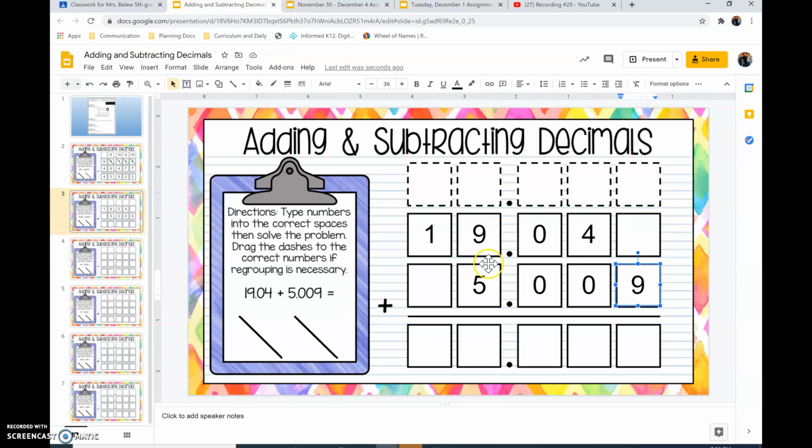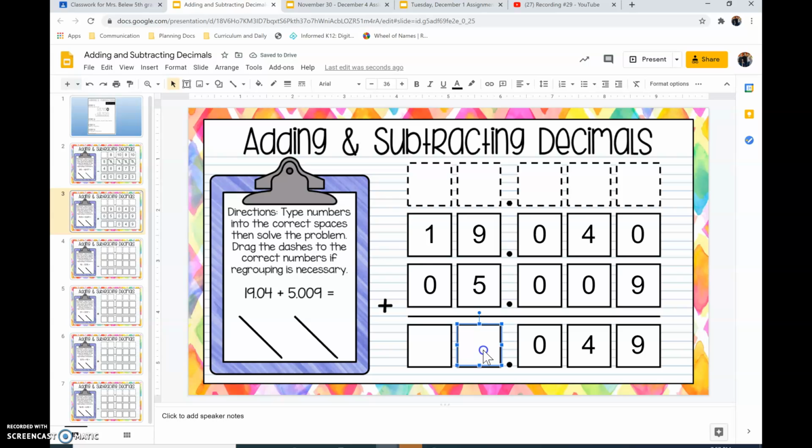I'm noticing that I have a couple places that need zeros, so I'm going to go ahead and click and input my zeros. Now, I am adding. Please make sure you're adding when you need to add, subtracting when you need to subtract. Okay, so 0 plus 9, 9. 4 plus 0, 4. 0 plus 0, 0. 9 plus 5, that's 14.